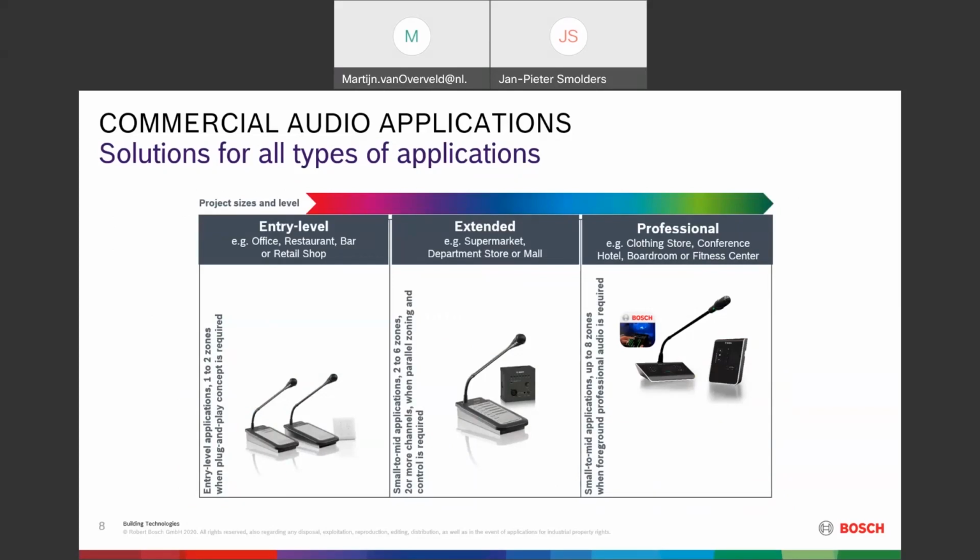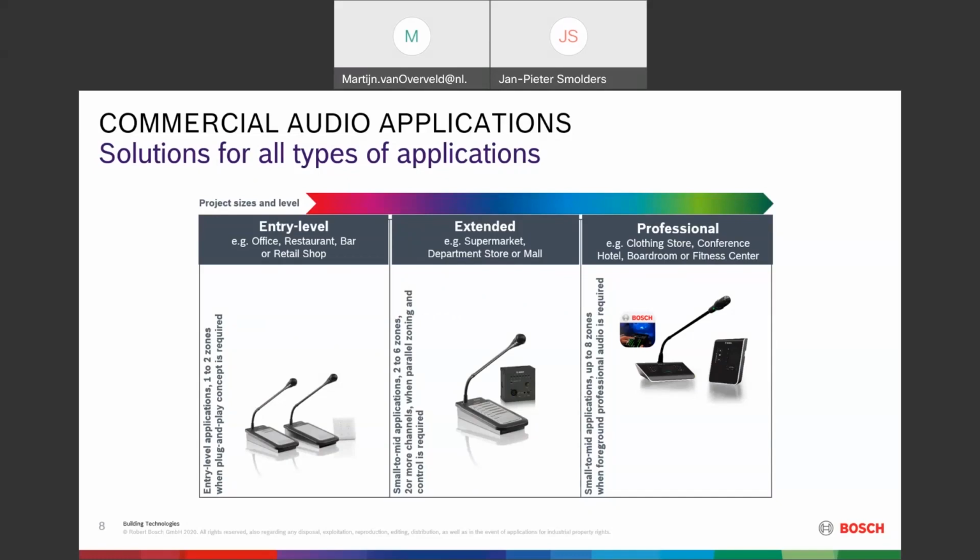The extended systems are for a bigger supermarket, maybe a big store or a mall. Then we're talking about systems that can address 2 to 6 zones, but also have 2 or more amplifier channels. That means that, for instance, if you have a system with 2 zones, then in one zone you can have music, and in the other zone you can make an announcement or whatever you like.